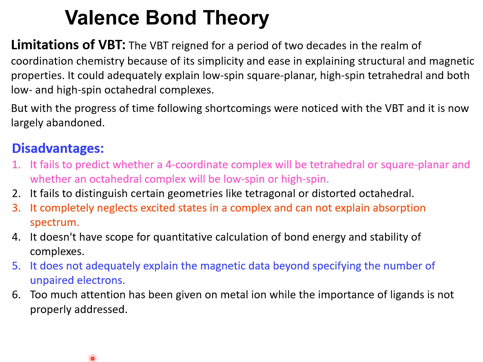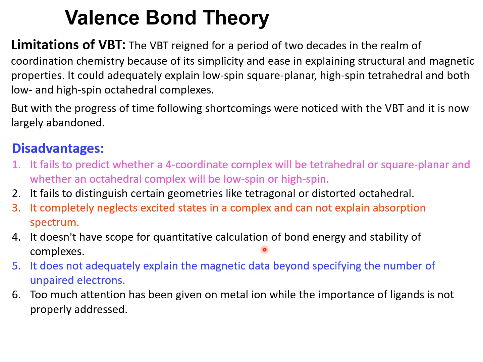Some of the disadvantages, drawbacks or demerits of VBT include: it fails to predict whether a 4-coordinate complex will be tetrahedral or square planar, and whether an octahedral complex will be low spin or high spin. It fails to distinguish certain geometries like tetragonal or distorted octahedral. It completely neglects excited states in a complex and cannot explain the absorption spectrum.